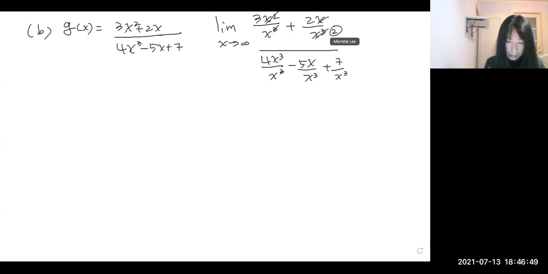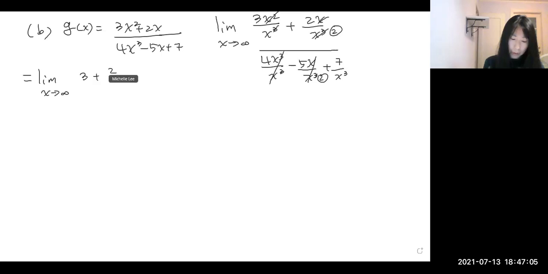All right, so then we have 3 there, 2 over x squared over 4 there, minus 5 over x squared, and plus 7 over x cubed.